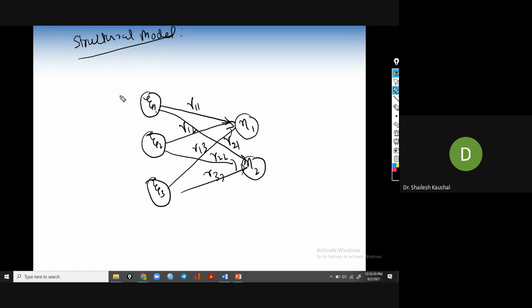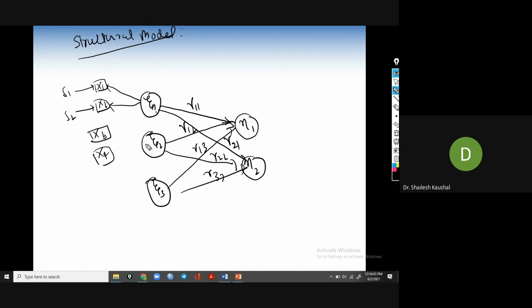So it has 3 or 4 questions, like in factor analysis, like x1, x2. So x1 and x2 are affected by this, and these are delta 1, delta 2. Same as another, x3.